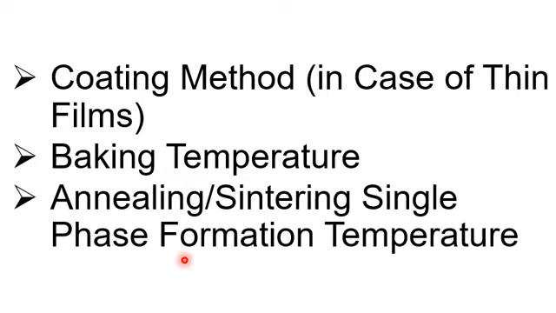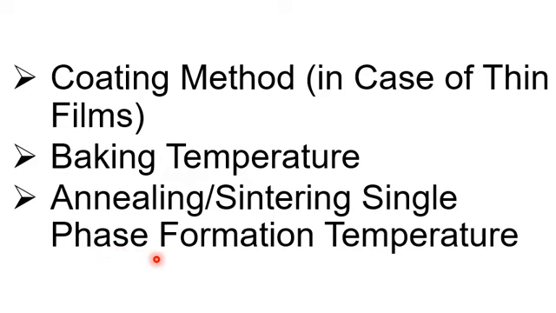Okay, so as I have discussed, iron oxide in a conventional sol gel process is Fe3O4, which is basically a ferrite, and its annealing or sintering temperature for single phase formation is around 800 degrees centigrade to 900 degrees centigrade.